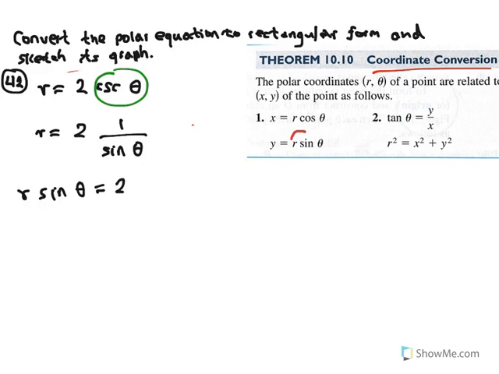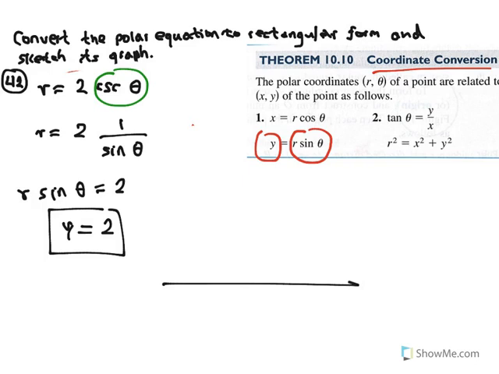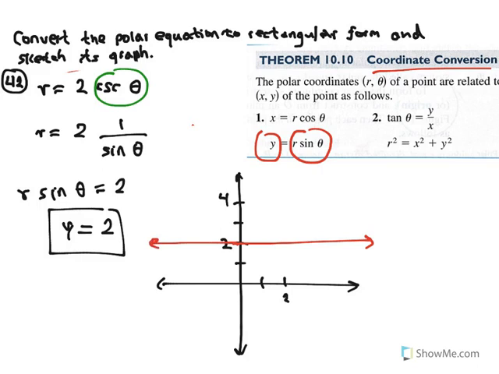Of course, r sine theta is y, so you can replace r sine theta with y, and you get the rectangular equation y is equal to 2, which is really easy to graph. It's just the horizontal line where every point has a y coordinate of 2. x can be any value. So here's the graph, and we're done with this problem.